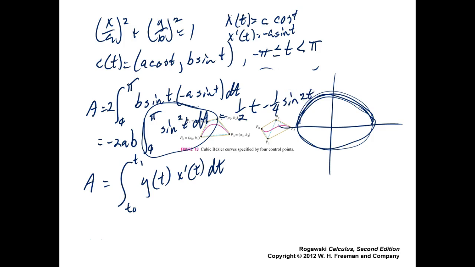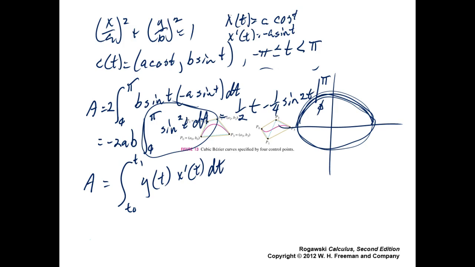Now there's another way to express that too, and we're going to evaluate that from 0 to pi. Right? Now we got the minus 2ab out front, but we're just doing this part.